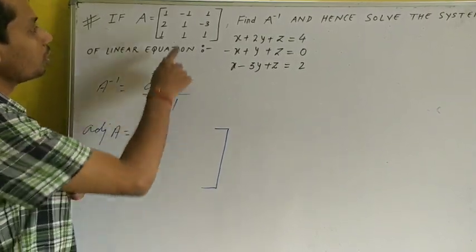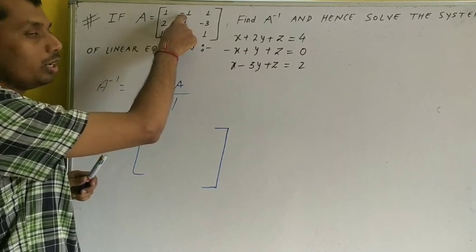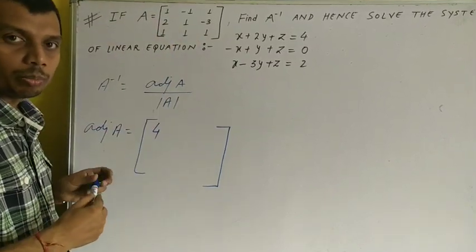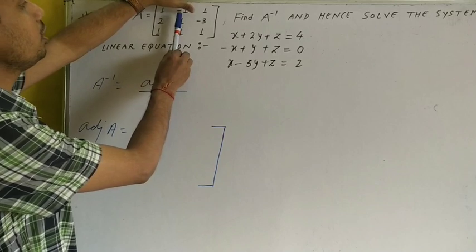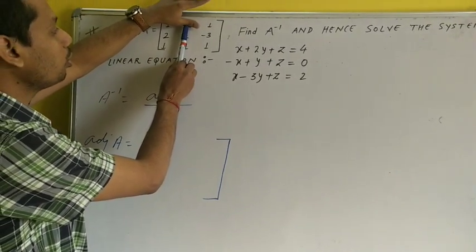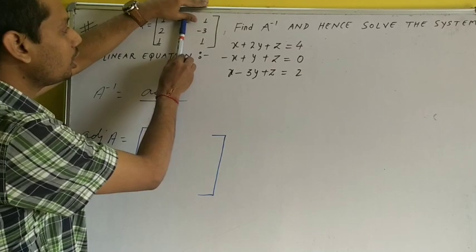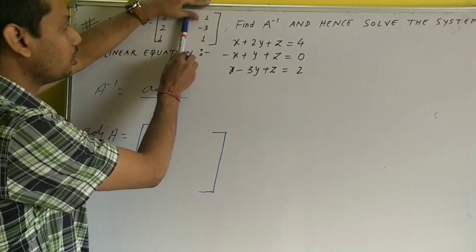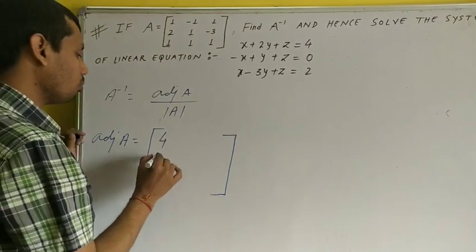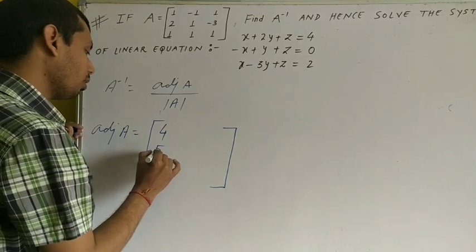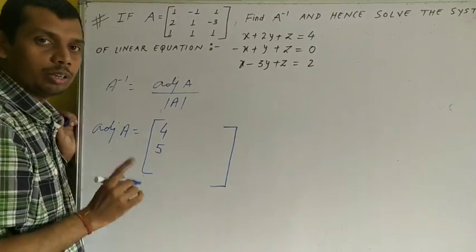Now the positional sign of A12 is minus. Now we will not consider these two. So 2 into 1 is 2, and minus of minus 3 is plus 3. So 2 plus 3 is equal to 5, and the positional sign of A12 is minus.